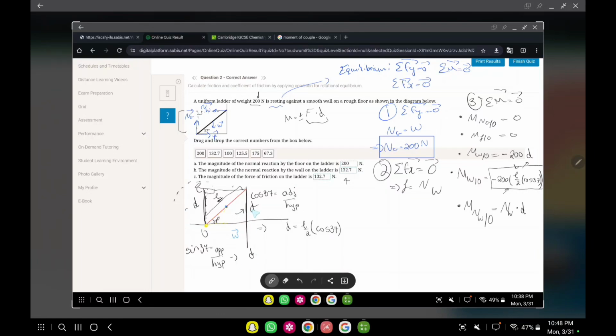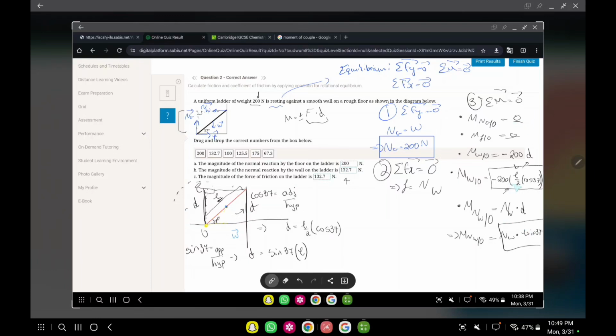Therefore, D, which is the opposite side, will be equal to sine 37 times the hypotenuse L. In this case, the hypotenuse is L, not L over 2 as it was previously. So L sine 37. Let's continue writing this. The moment of the normal of the wall against O is going to be NW, the force, times the distance, L sine 37.